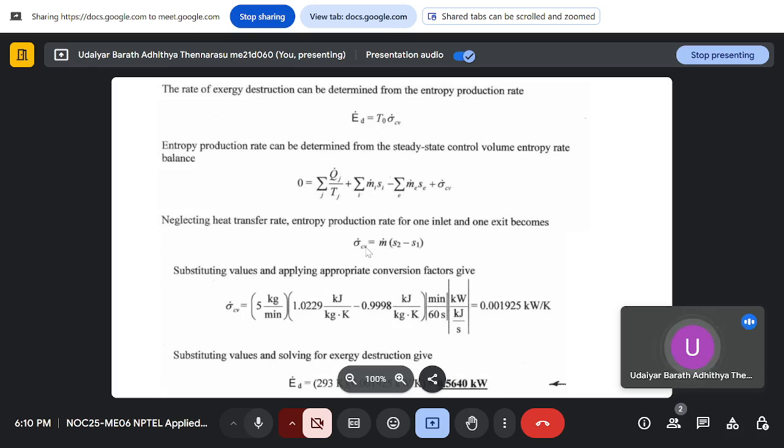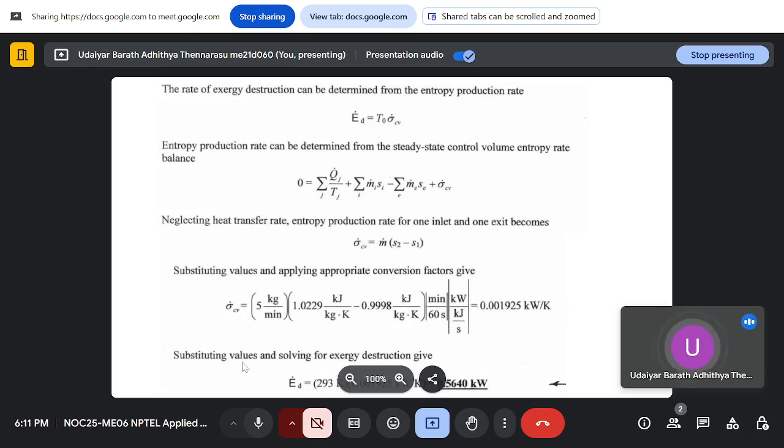So the entropy generated is the mass times the exit entropy minus the inlet entropy. Entropy generated is 5 times (1.0229 minus 0.998), which gives 0.001925 kilowatt per Kelvin.